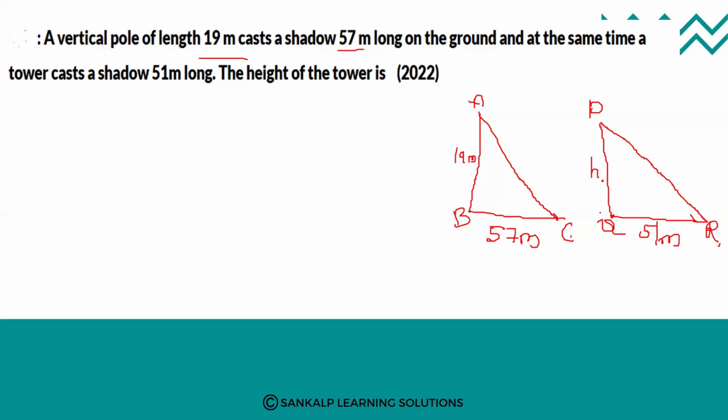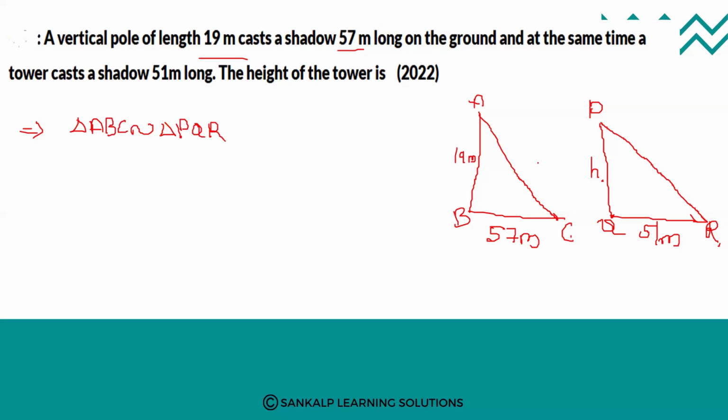Now AB and PQ are corresponding sides. BC and QR are corresponding sides. AC and PR are corresponding sides. Okay, we need to find out the height. Height means height of the tower is PQ. So PQ value we want. For that, see here, triangle ABC is similar to triangle PQR.